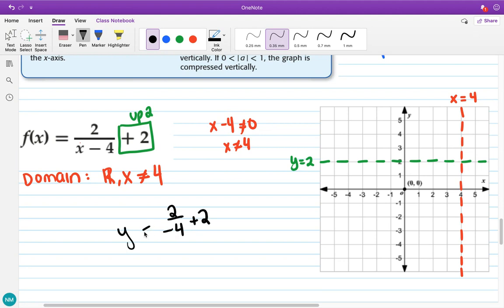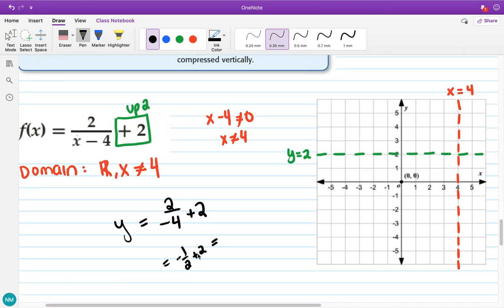So 2 over negative 4 is negative 1/2, plus 2 is positive 1.5. What color do I want to graph this in? Let's do blue. So my y-intercept is going to be 1.5.